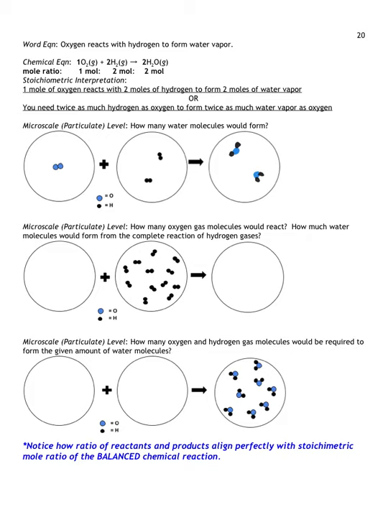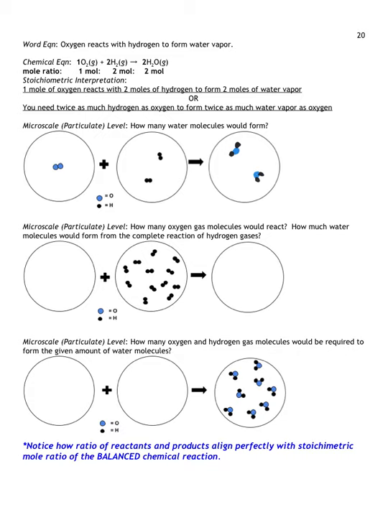Now, we're going to throw this scenario off a little bit, away from the actual mole ratio you see, but we're still going to proportion it out to make sure that the ratio is in fact adhered to. So let's take a look at this next microscale.